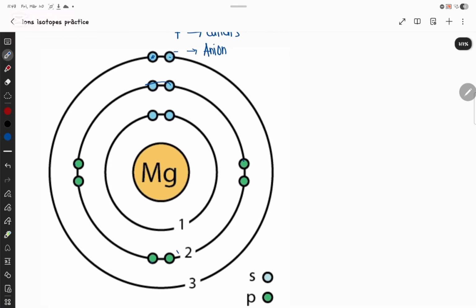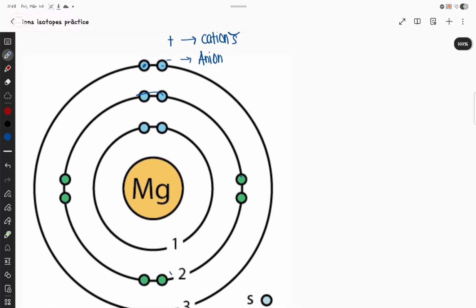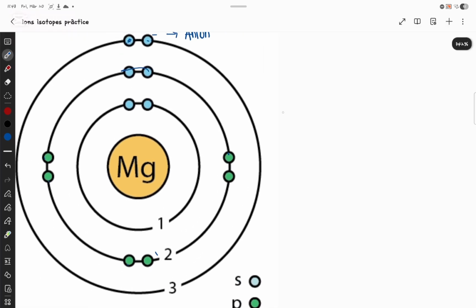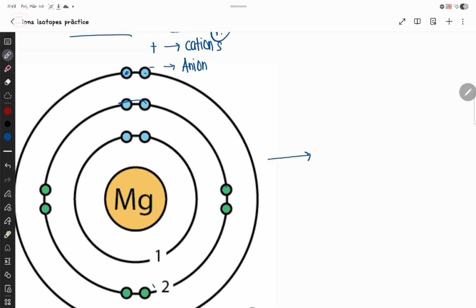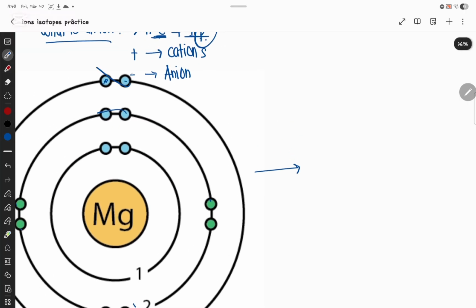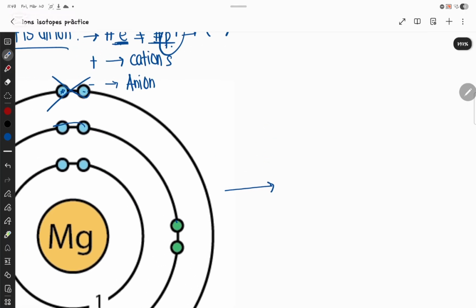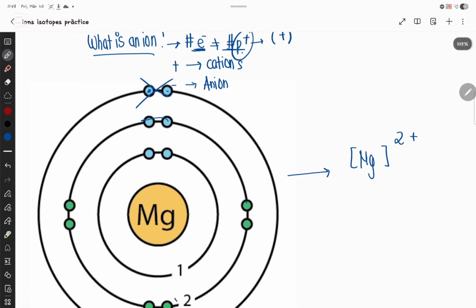That is how ions form. To determine the ion, as we said earlier, magnesium wants to lose these 2. So magnesium will have a charge of 2 plus because it lost 2.